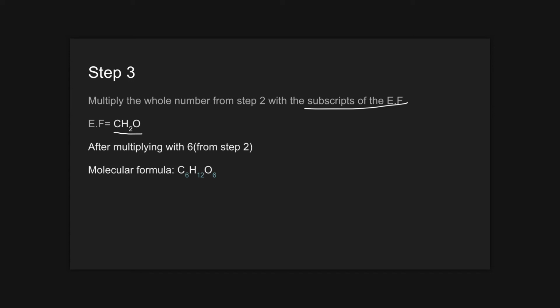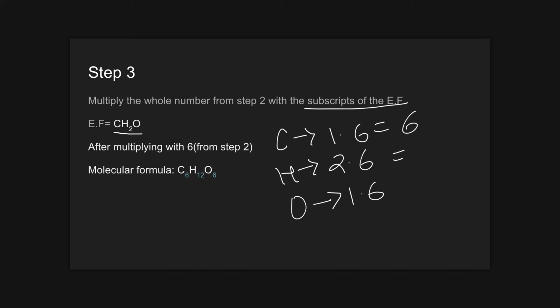For C, your subscript was 1 multiplied by 6, H was 2 multiplied by 6, O was 1 multiplied by 6. And so you get 6, 12, and 6, and what you end up with is C6H12O6. So this is your molecular formula.